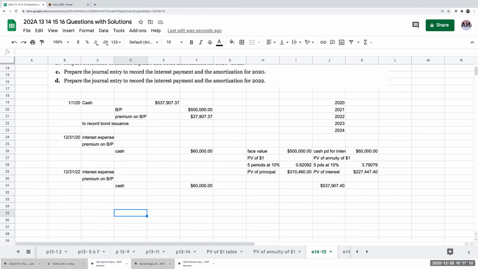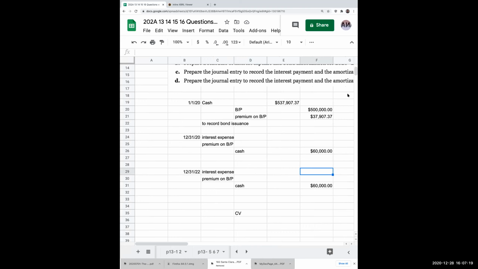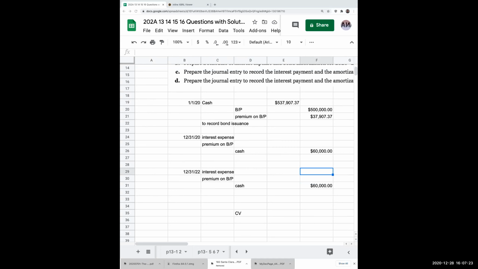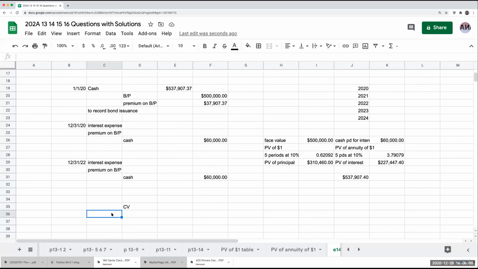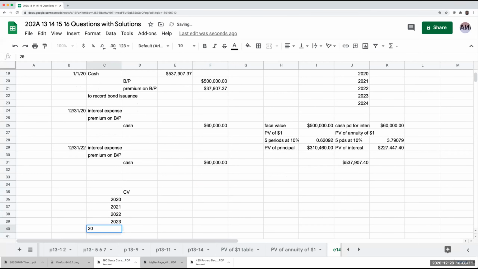What I'm going to do here is have my bond carrying value. My bond carrying value is what I have on my balance sheet. We'll put the dates here. We've got 5 payments, and what we're going to figure out is our interest expense.